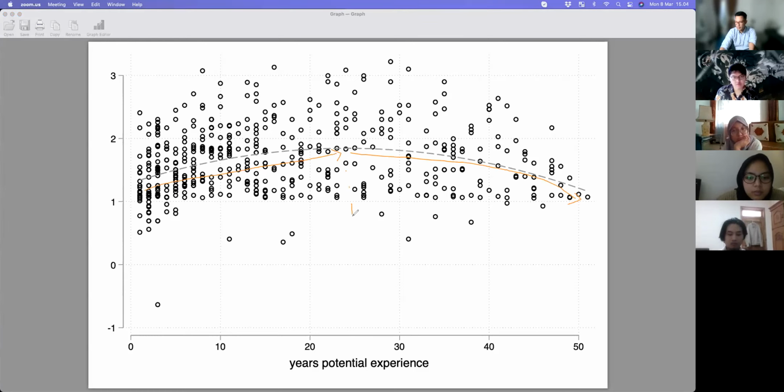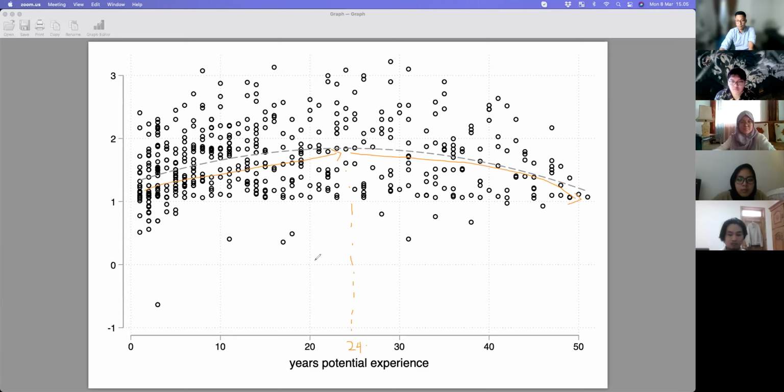This is right at about 24 or 25 years of working experience. So the maximum wage you'll get, on average, is after you work for 25 years. After that, the effect actually decreases.